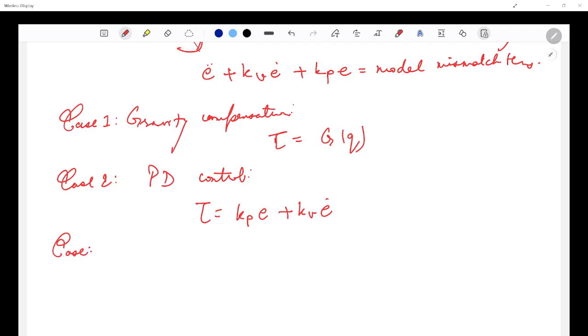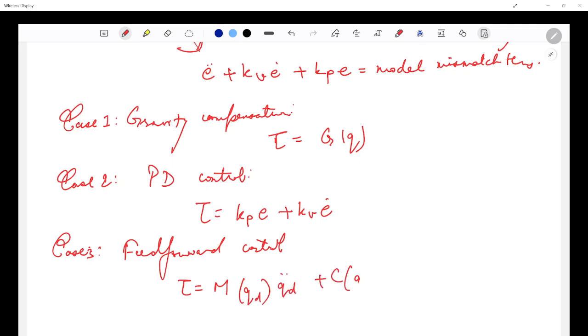If there is feed forward control, torque is equal to M(qd) into qd double dot plus C(qd, qd dot) qd dot plus G(qd). Right, this is an example of feed forward control. Feed forward is computed offline and there is no delay.